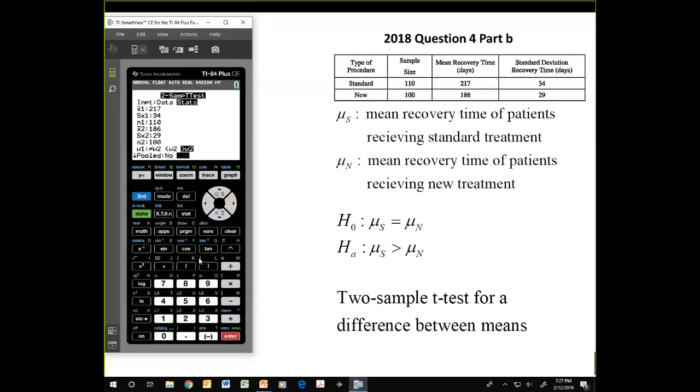Oh, that's right. There's more stuff to do. On this you have the choice of either calculating the answer or drawing the answer. Since we calculated it on the Inspire, I thought it might be interesting to see what would happen. Oh, let me go back and change that pooled.